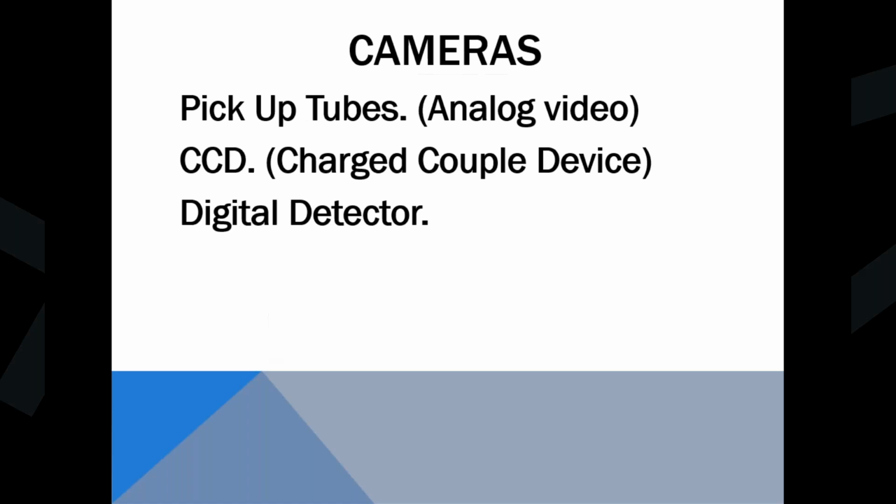So how are the images made? There's basically three different ways that they made primarily the video image, but you could also do the cine off of them. So the first technology was the pickup tube. And basically these were old TV cameras from like the 50s, late 50s is when they first came out. And this would be what they would have actually filmed TV shows with, or your news coverage with, was these pickup tubes.